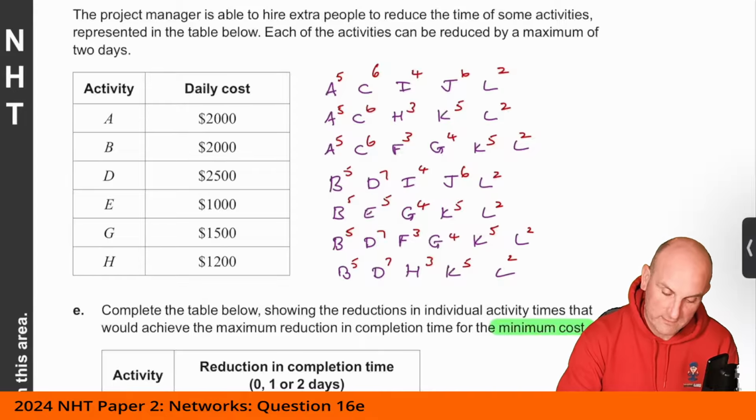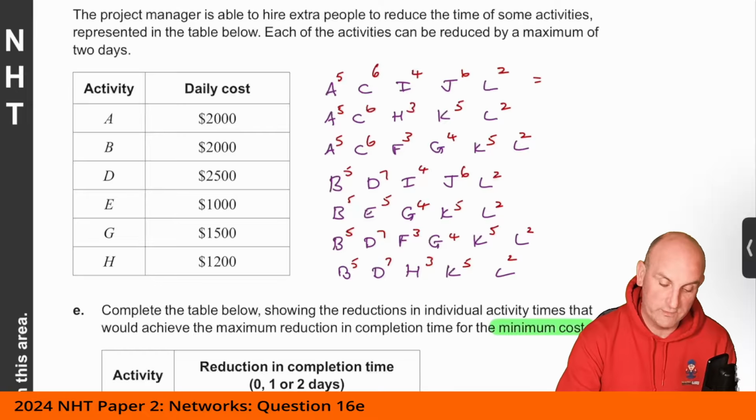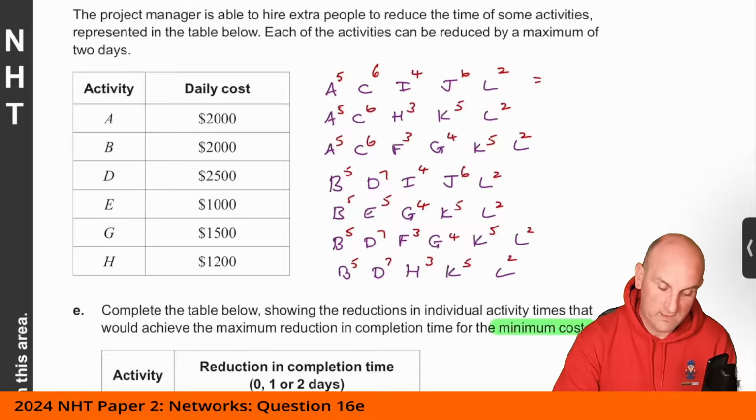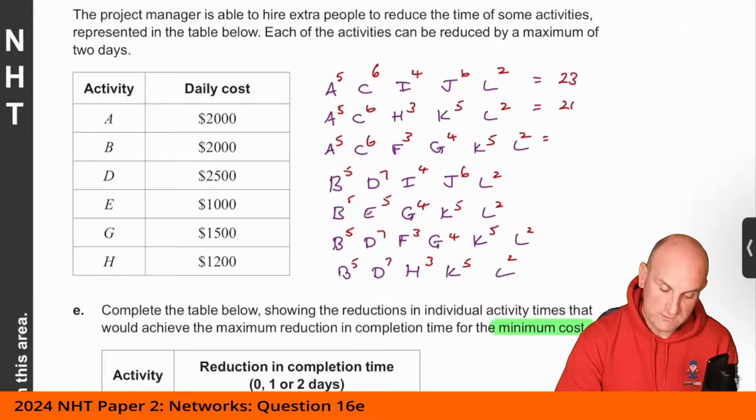Now, the reason I'm writing all these on is because it helps me crash a little bit later on. So what I'm now going to do is work out all my individual routes. So I'm going to add all of these values together to work out what my paths are. So 11, 15, 21, 23. So that then has a completion time of 23. Then 11, 12, 13, 14, 19, 21. What's this one going to be? 11, 14, 18, 25.